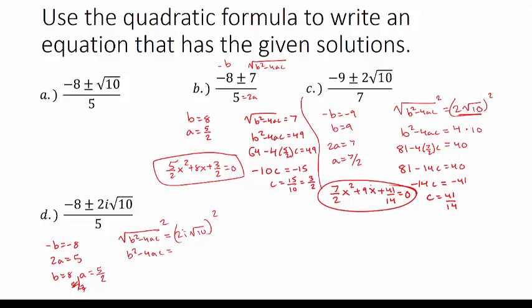And then we're going to have to do 2 squared, which is 4, i squared, which is negative 1, and root 10 squared, which is 10. So this side needs to come out to be negative 40. So I should end up getting c is 52 over 5, and then I just go ahead and rewrite everything. So we have 5 halves x squared plus 8x plus 52 over 5.